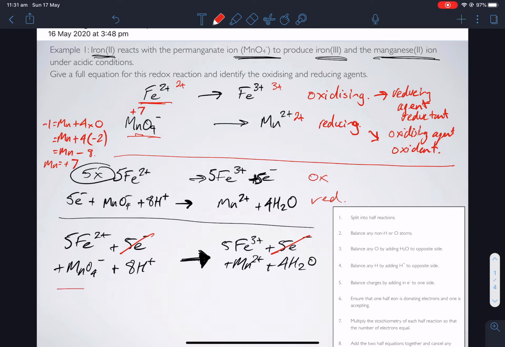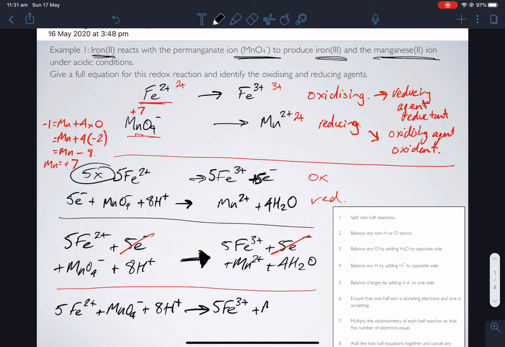So we can rewrite our equation as our final answer without those electrons in there. 5 Fe2 plus the permanganate plus your 8 H pluses reacts to form 5 Fe3 plus the manganese 2 plus the 4 waters. And that is our balanced equation.